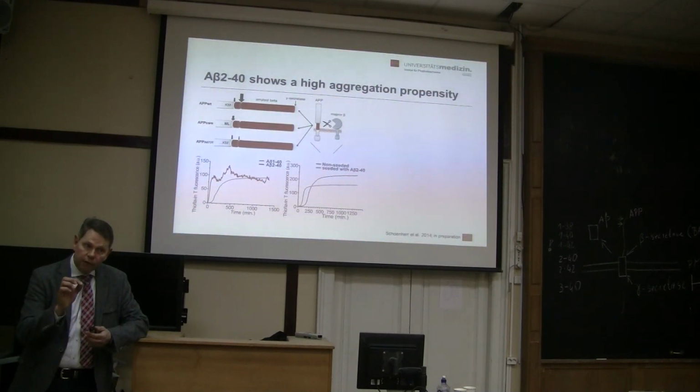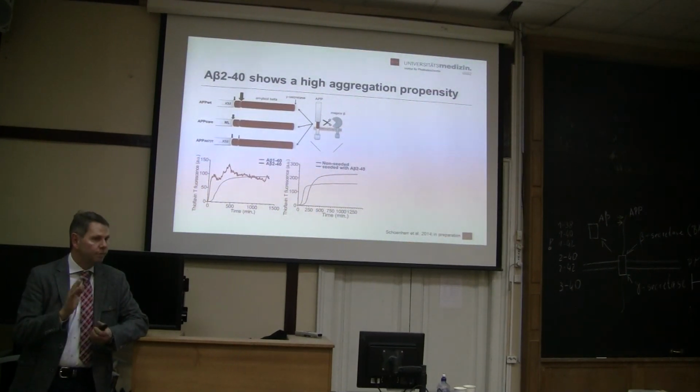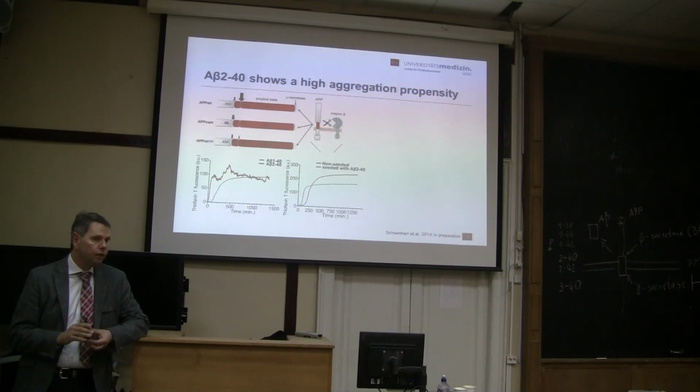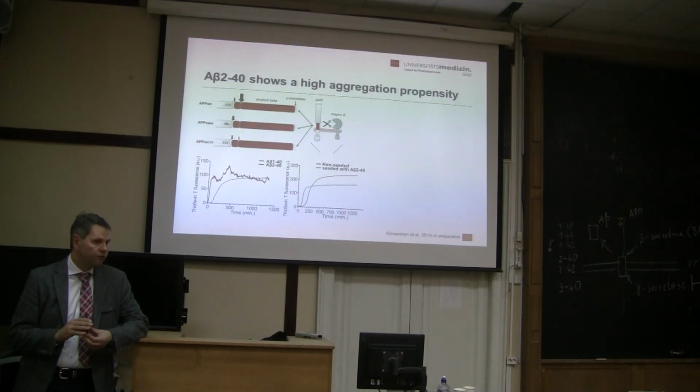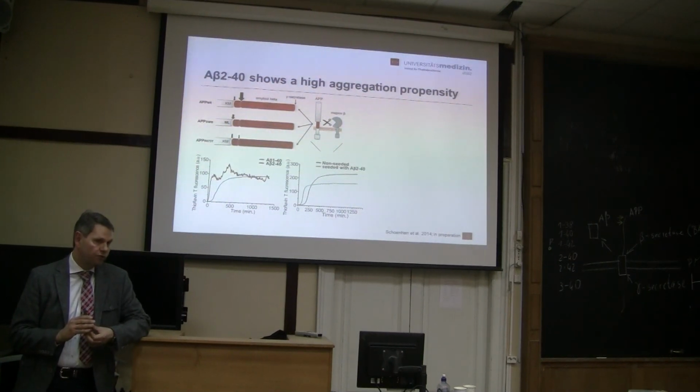You need only a very little bit of the 3 to 40 peptide to have even faster aggregation. They have even made mice. That looks all really good in the animals. So the 3 to 40 is probably as toxic as the 2 to 40, or maybe more, I don't know, but it is certainly a problem.